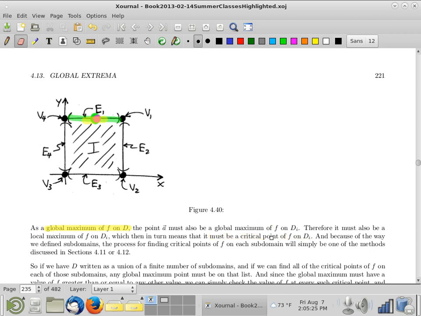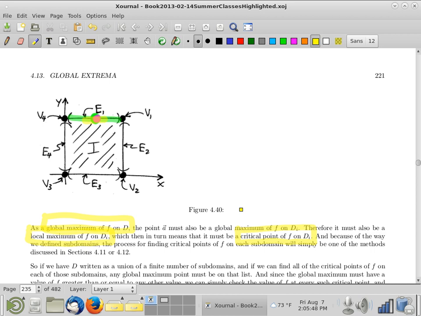And so what that means is it's a local maximum. If it's a global maximum of the function on the entire set, then it's got to be a local maximum on whatever subdomain it sits on. And that means it has to be a critical point on that subdomain.